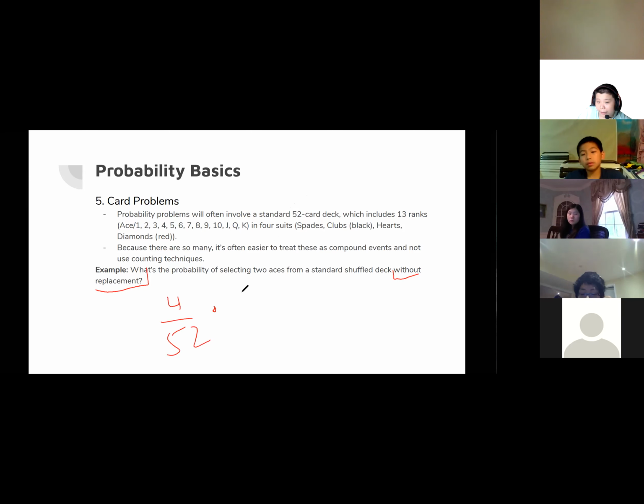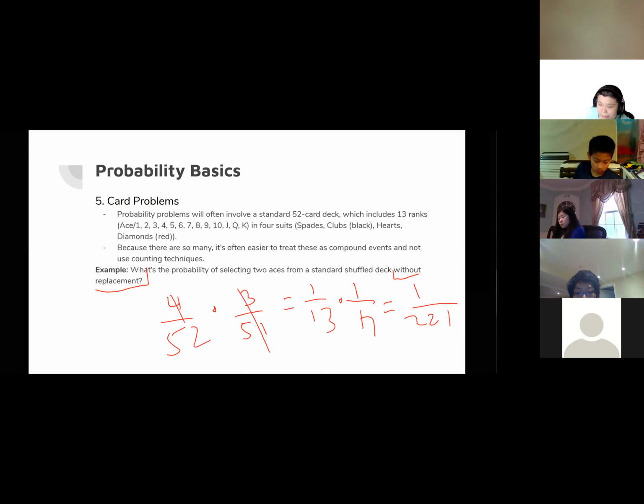And then we have 3 aces left and we have 51 cards left. You multiply these, and these cancel, actually. You get 1/13 times 1/17, and this is going to equal 1 divided by 221, I believe.